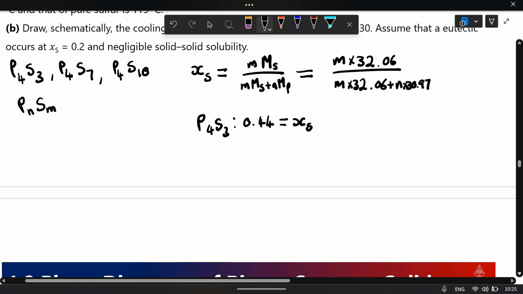For P4S7, you get a value of 0.64, and for P4S10, we get a value of 0.72. So we know at these three compositions, we're going to have congruently melting compounds.